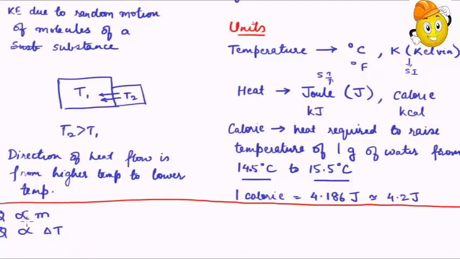And finally, Q will be a property of the material of the body. Some material will require less heat to raise the temperature of 1 kilogram by 1 degree Celsius. Some will require more heat. So how do we define that property? That is a material property. We say that Q is proportional to C, where C is a material property.